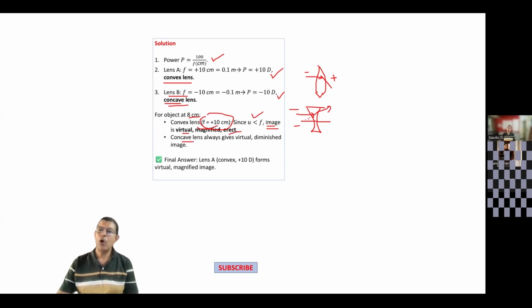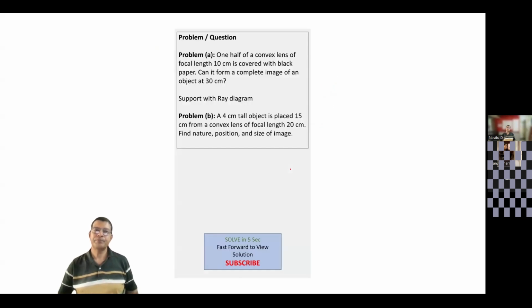For concave, always virtual, diminished, erect. Wherever the object is, whether at infinity or close to the lens, it is always virtual and diminished. Okay. Next question, solve this one.